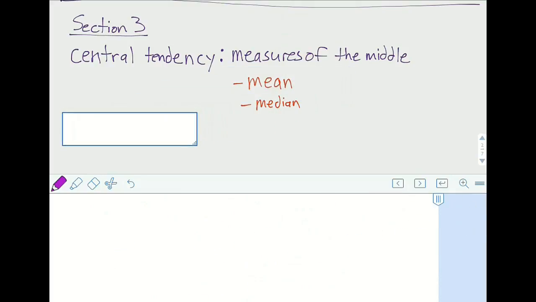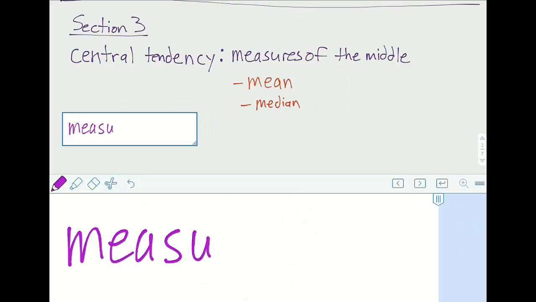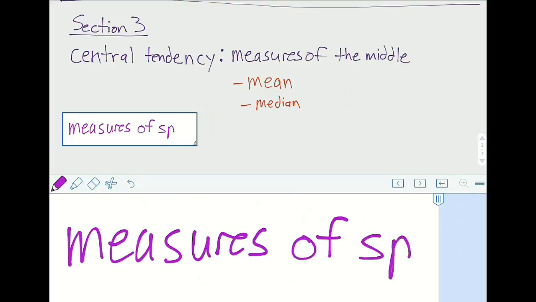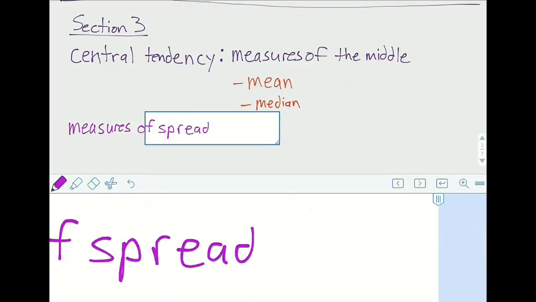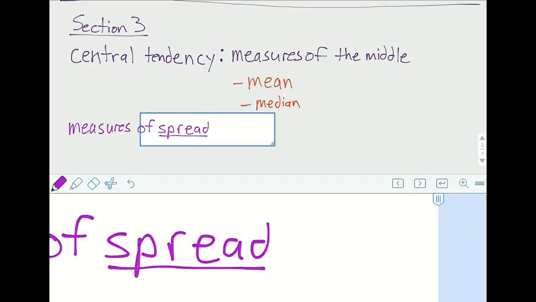The other thing I want you to write down is measures of spread. And when we talk about spread, what we're talking about is how far apart numbers are from each other.